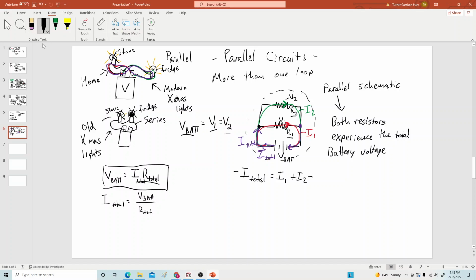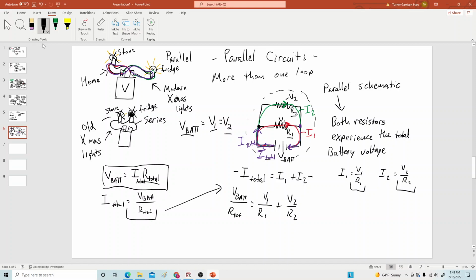will obey Ohm's law such that I1 is equal to V1 over R1, and I2 is equal to V2 over R2. And so if I insert this expression for I total, and then this expression for I1, and this expression for I2, I get V battery over R total is equal to V1 over R1 plus V2 over R2.